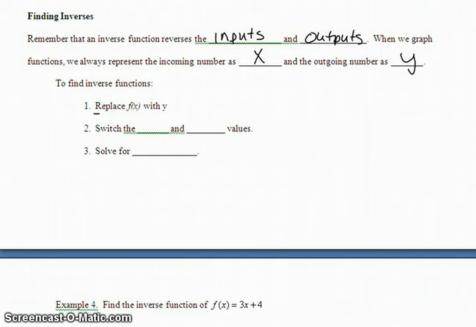First, replace that f of x with y. We've kind of been talking about that throughout the videos and throughout the year, that f of x and y are interchangeable. Replace f of x with y. Then switch x and y values and solve for y. Let's take a look at an example following these simple steps.